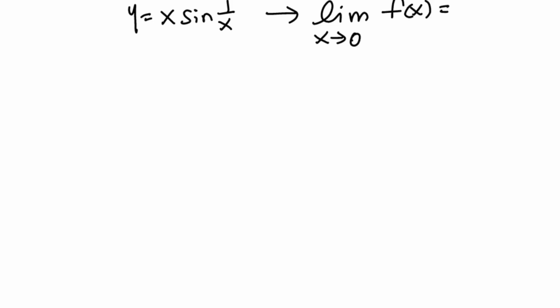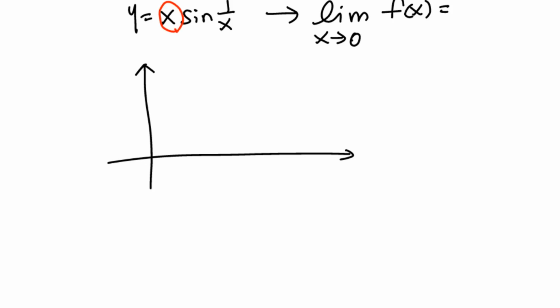Okay, so let's graph this. I think it's kind of similar to the previous problem, but the amplitude here, let me change the color. Amplitude is the x, right? So that means around 0, it has a very small amplitude.